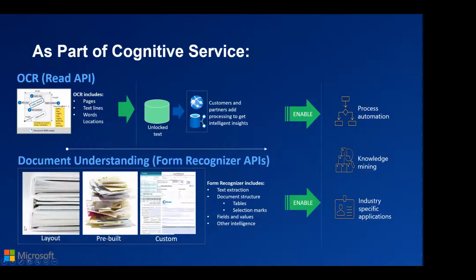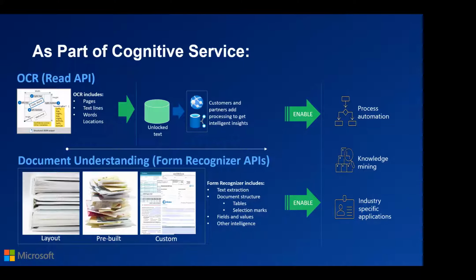And for today's presentation, I'll mainly talk about two APIs within Cognitive Services. There's the Read API for OCR, which extracts text from images, PDF files, and documents, and also provides text line bounding boxes that can be used for post-processing in other applications.